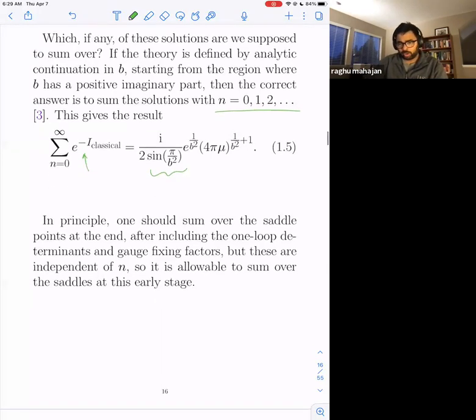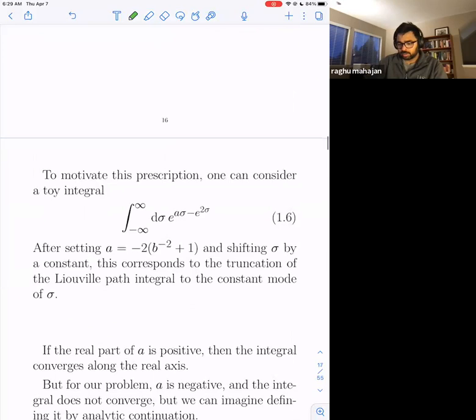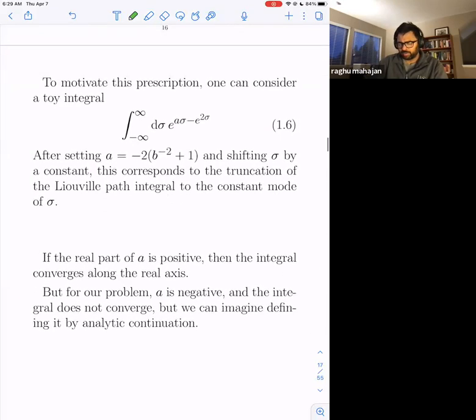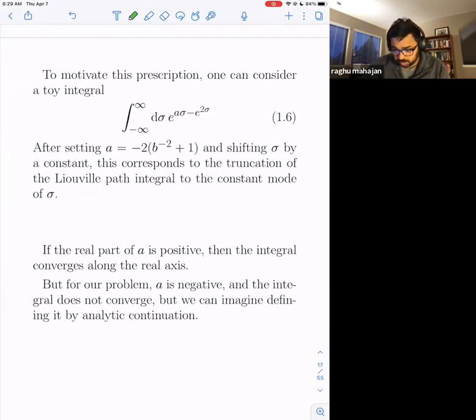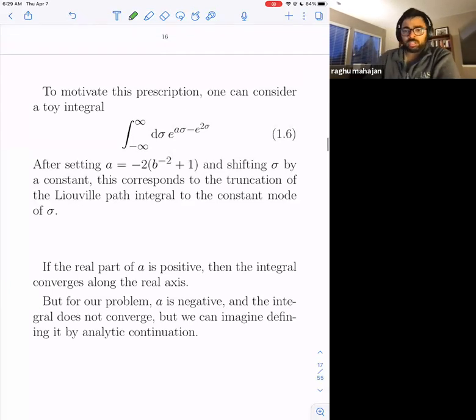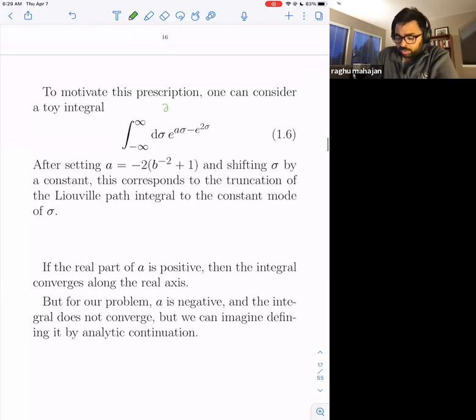Okay, so what is going on in this one loop? Why are we summing over only half of the saddles? To motivate that, consider this toy integral: the integral d sigma e to the a sigma minus e to the 2 sigma. This is a toy model for the zero mode of the Liouville sector.